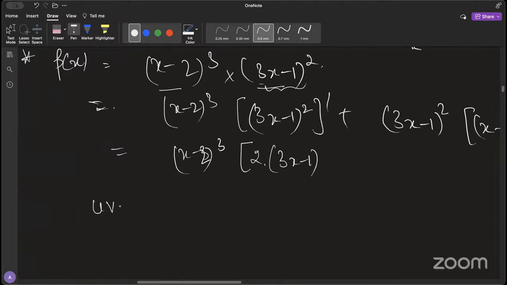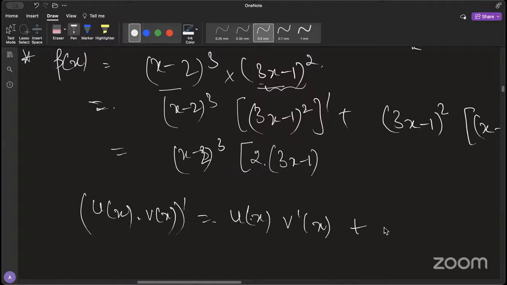This is basically if you have two functions u(x) and v(x) in multiplication, in product, and you have to find the derivative of these two. This becomes u(x) v dash x, and then v(x) u dash x.